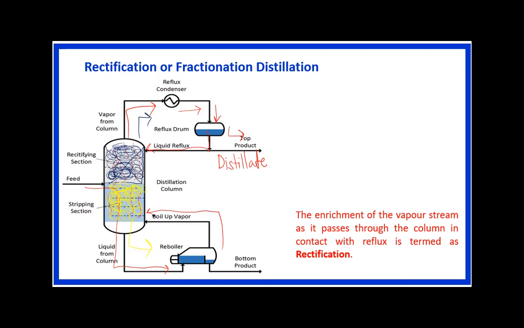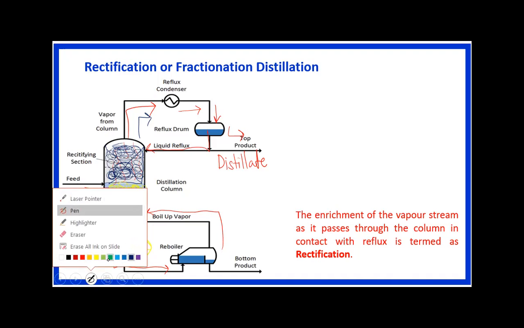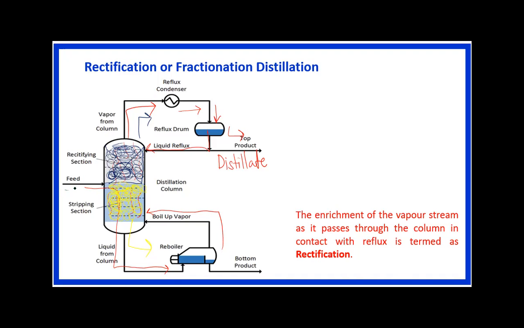When we are feeding this liquid component continuously, simultaneous vaporization and condensation goes on, and that is why it is also called the simultaneous vaporization condensation technique. Depending on the purity or concentration we require in the distillate as the top product or final product, the cycles go on, right?